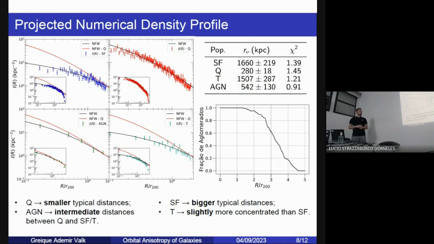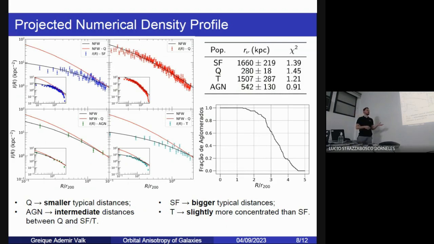Here is the projected numerical density profile of each population and the analytical fits that we obtain in the black line for each population. The scale radius of the profile, R_B, gives us information about how scattered each population is in the clusters.